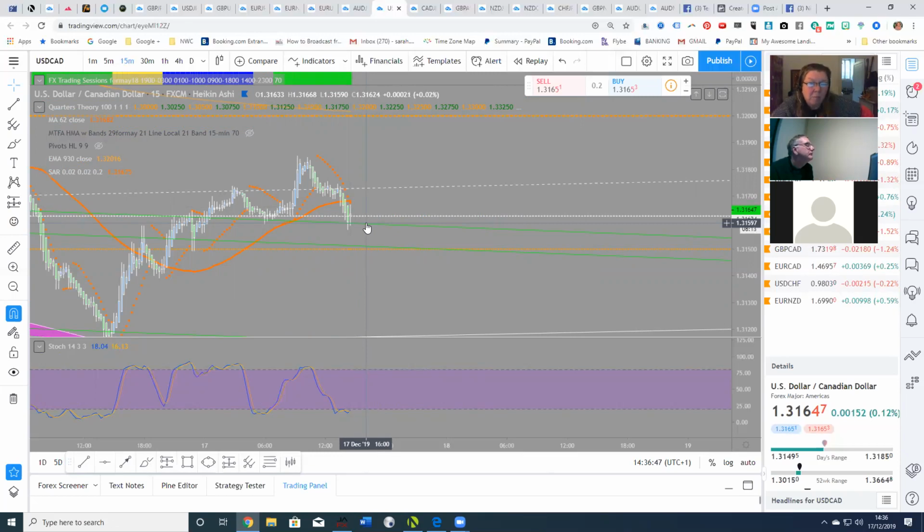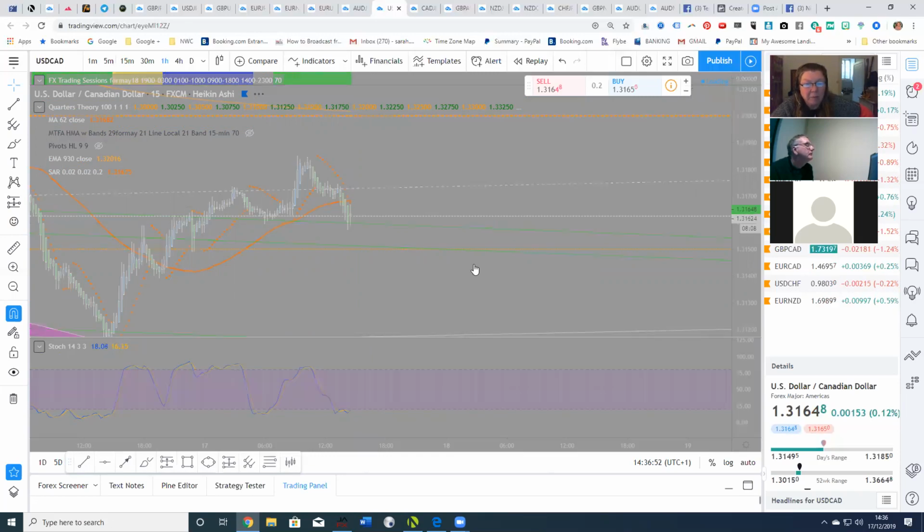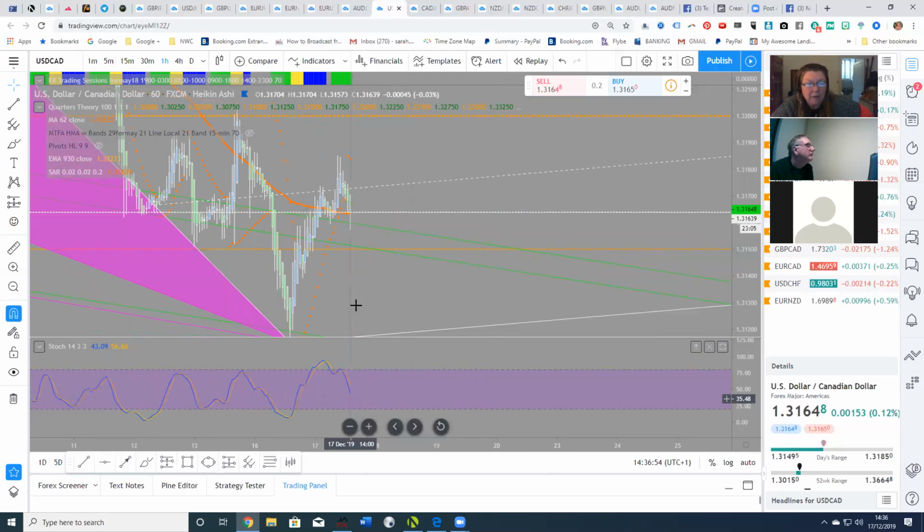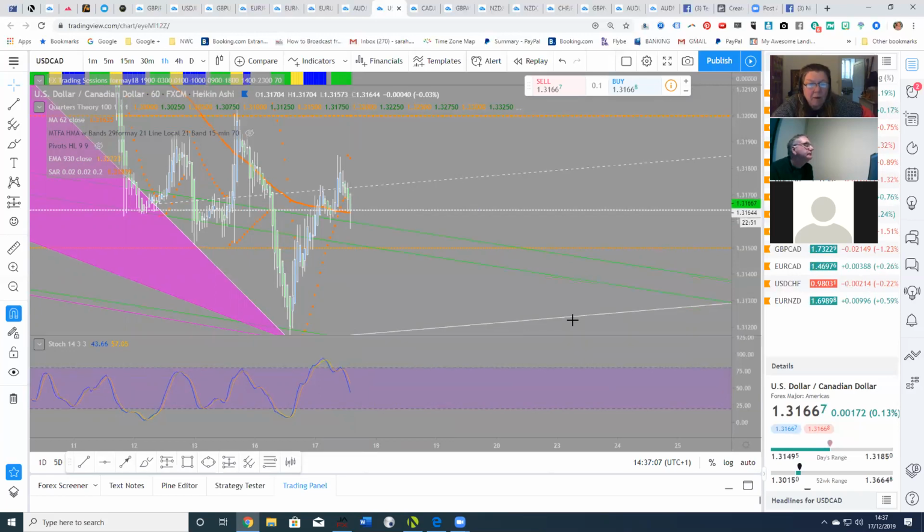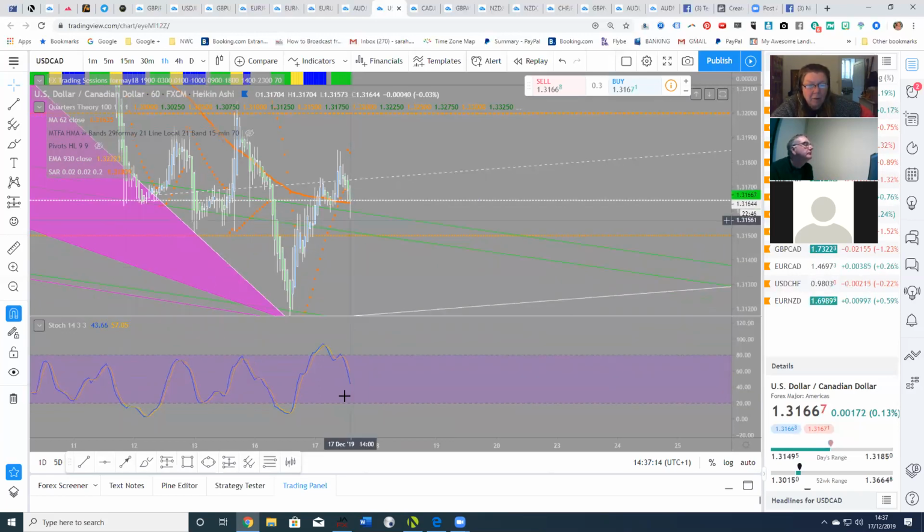So let's see what it's going to do on the hour. It probably is going to be a little bit that's still saying down there. You've got a flat bottom candle and a SAR flip, but it's halfway down the stochastic, and they're not very wide apart on the hourly. So on the hourly, you have got a bit of a sell on BYOB, but the pitchfork situation with the extensions and that quarter theory down there would put me off doing more.